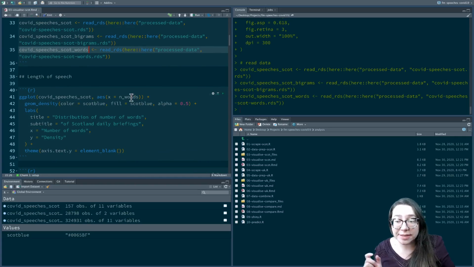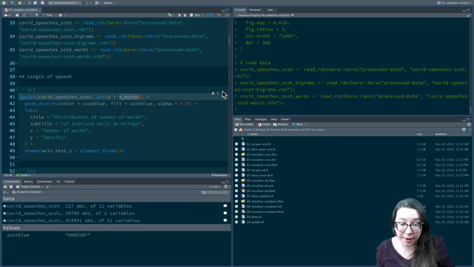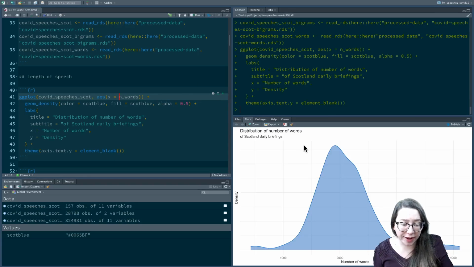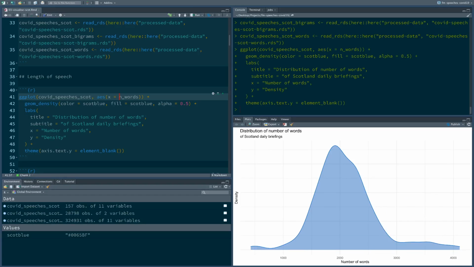So the first thing I might do is take a look at the length of speech. Because I had already calculated the number of words, I can plot that. No, this is a density plot, sorry. We're looking at the density of the number of words, and we can see that the mean is 2,000.